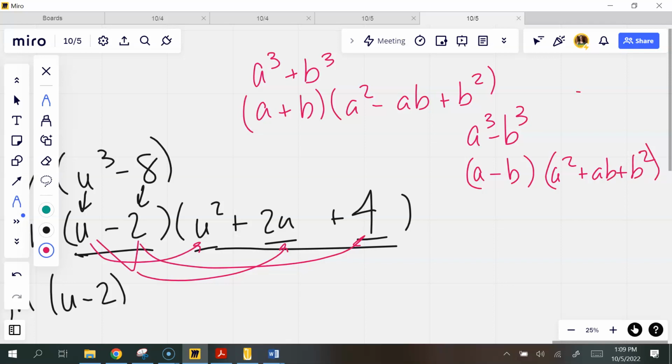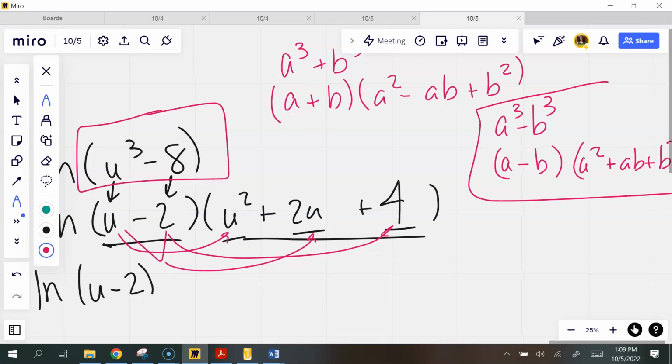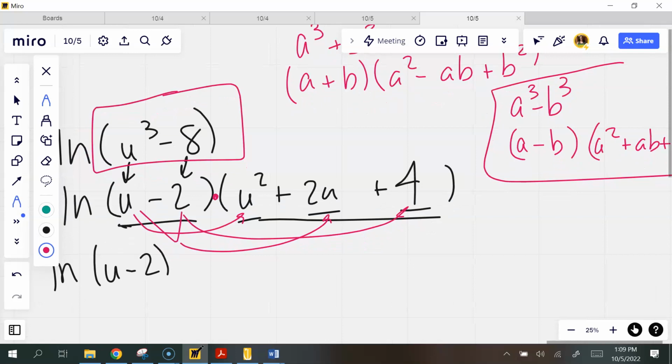This is a difference of 2 cubes, so it follows this pattern. No, this is just for the polynomials. This is just for this part because it asked me to expand it. Nothing was being multiplied or divided, so I couldn't really expand it, so I had to factor it. Now that I've factored it, I've got 2 things being multiplied together, so I can split it up with addition. So it's log of u minus 2 plus log of u squared plus 2u. And now it's expanded.